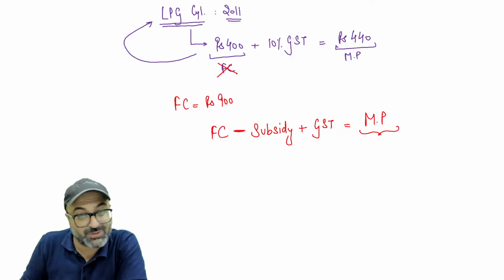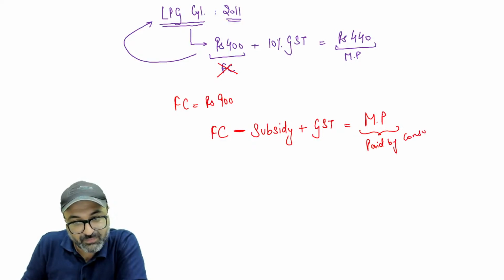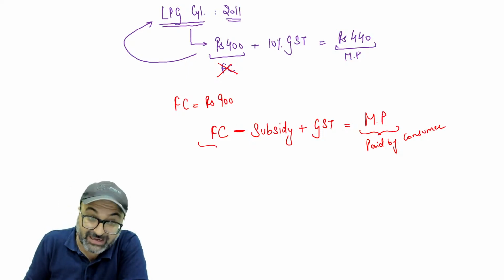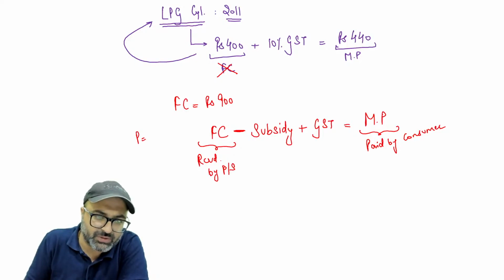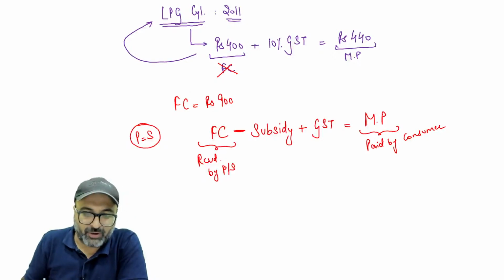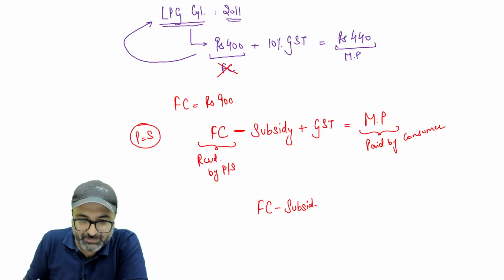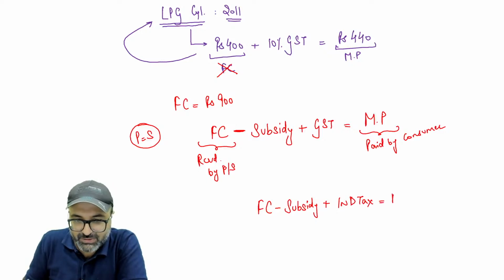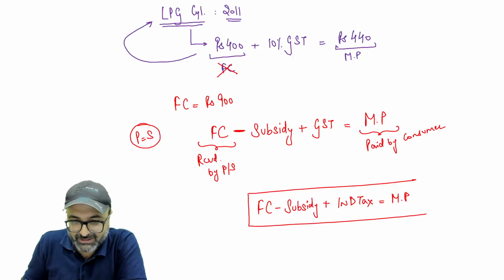So market price is what is paid by the consumer, and factor cost is what is received by the producer or seller, assuming producer equals seller. So we have a new formula: factor cost minus subsidy plus indirect tax is equal to market price.